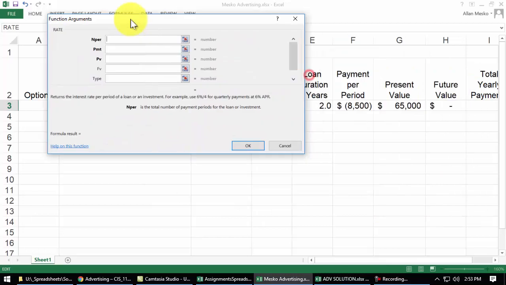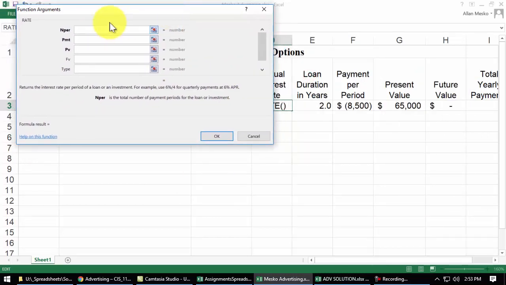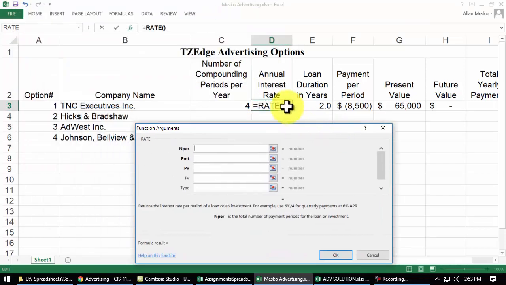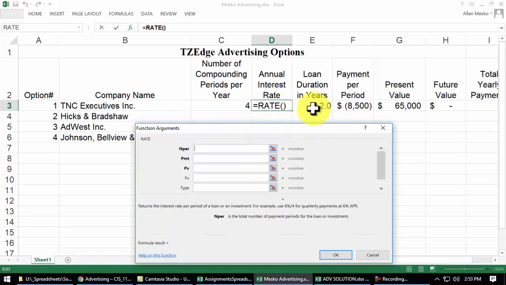And it says the first thing we need is the number of periods, the number of payment periods for the loan or investment. Now, how would we find the number of payments? The number of periods, if we're borrowing for 2 years and we're paying 4 times a year, then it's going to be this thing times that thing, isn't it? And that's always going to be true.